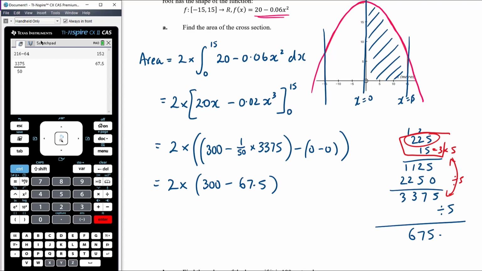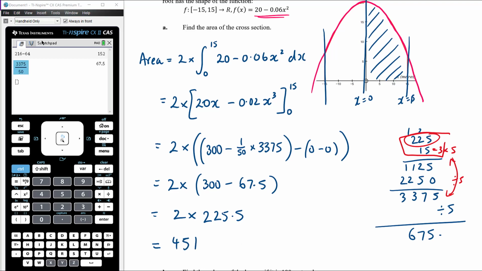Okay, so 300 minus 67.5 is 232.5. Sorry, I said 225.5, it's not that, it would be 232.5. My apologies. So it's 2 lots of that. 2 times 232 would be 464, so we're going to have 465.